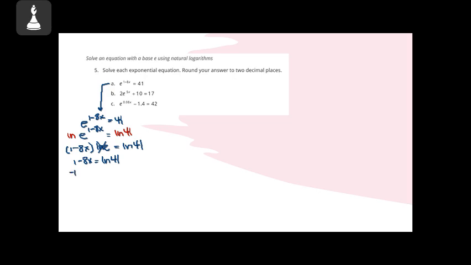So I have negative 8x equals natural log 41 minus 1. And then that whole result needs to be divided by negative 8. So when I type it in Desmos, I'm going to put that numerator in parentheses and then divide by negative 8. So natural log 41 minus 1 in parentheses divided by negative 8 is going to give me the decimal negative 0.34. And again, on the next slide, I will show you what that looks like in Desmos.